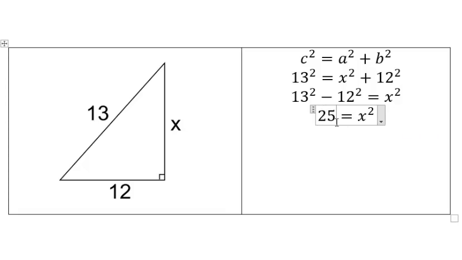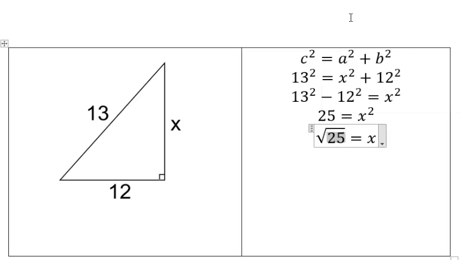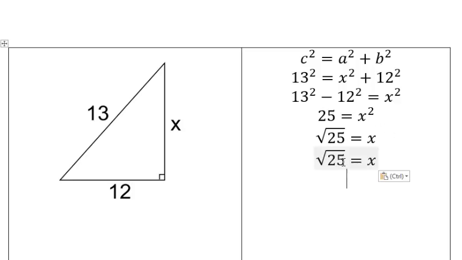Okay. Now what do I do with that 25? Okay, the exponent 2 of the x is going to move to the left and it's going to transform into a square root. Okay, from a square I'm going to get a square root. Square root of 25 is 5. So I get the 5 will be x. Because 5 is x, I'm going to write it the other way. X equals 5, and that will be the answer for this exercise.